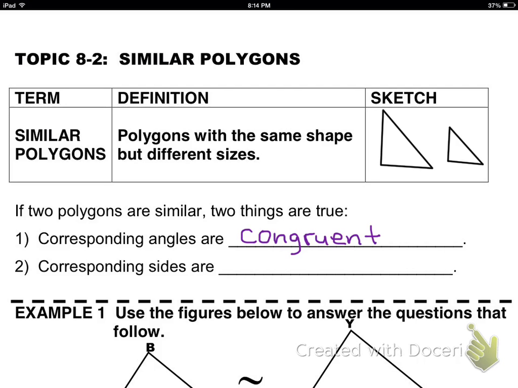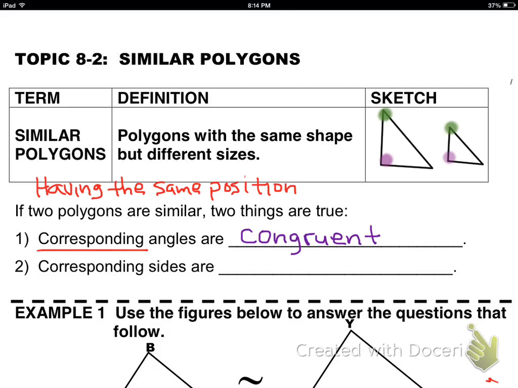And by corresponding, we mean angles or parts of figures that have the same position in their respective figures. For example, the two angles that are highlighted in purple are corresponding angles because they're in the same position within their own triangle.